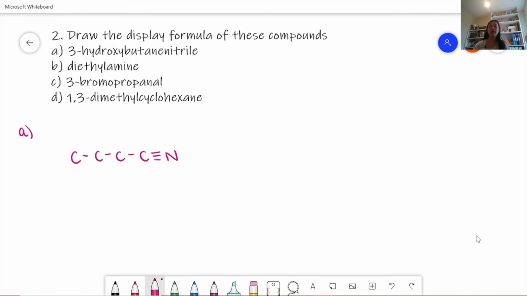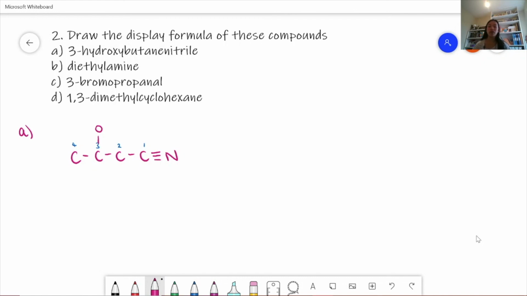And so this automatically gets the number 1. So this carbon is the first carbon, and then this is the second, the third, and the fourth. And because we've got 3-hydroxybutane nitrile, that means the third carbon is the one which we have the OH on. Now it's really easy to forget that you're drawing the display formula and draw the OH together.